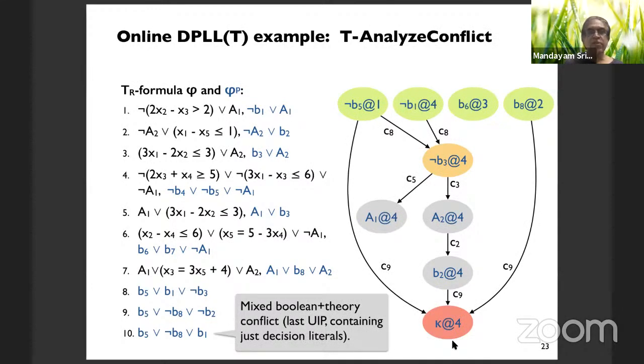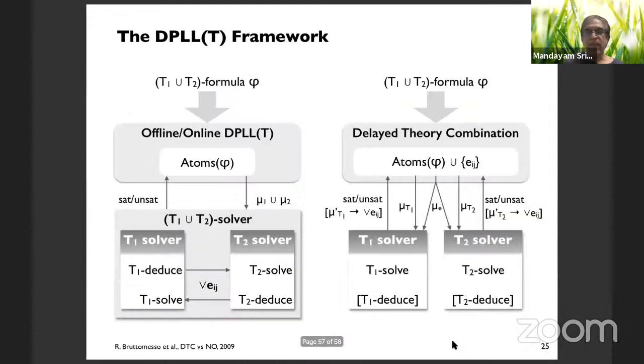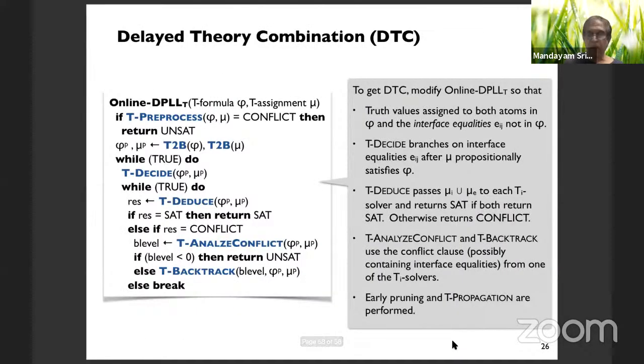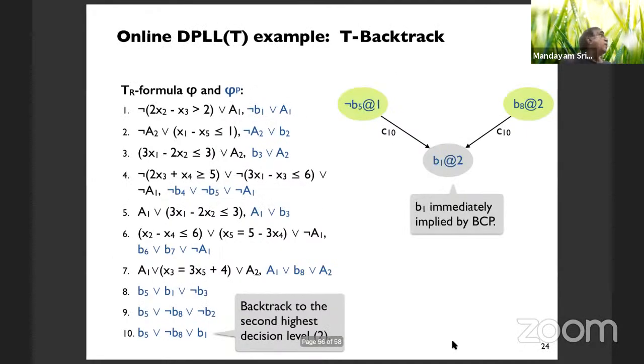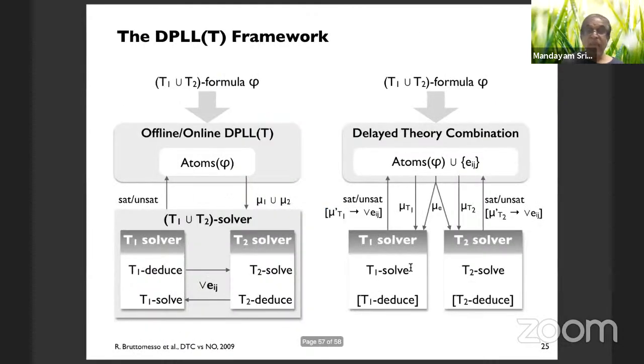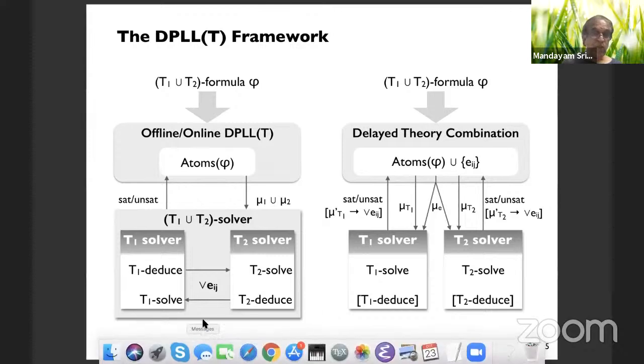There is another version which I'm not sure if I will get to. Maybe next time, because I want to reserve some time for project discussion today. So there is another, even more intimate level of integration, which is actually discussed in this book.